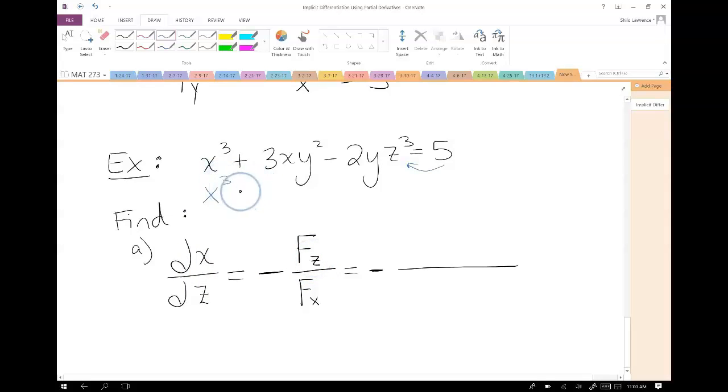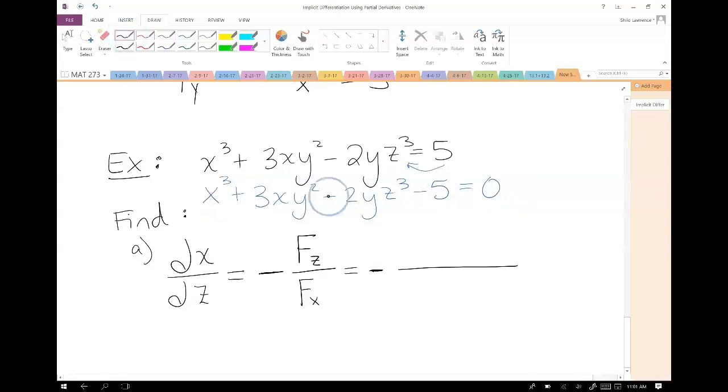But if there was a variable over on the right hand side and we didn't pull it over, it would affect the answer. So you should always go ahead and pull that over. That's why this says capital F. Remember, we've created those capital F functions that are equal to 0. That's got everything on the same side of the equation.